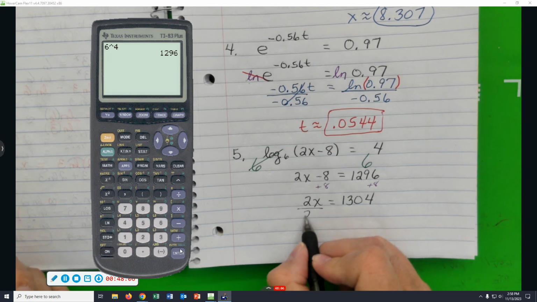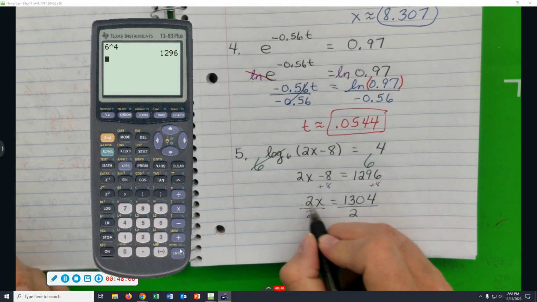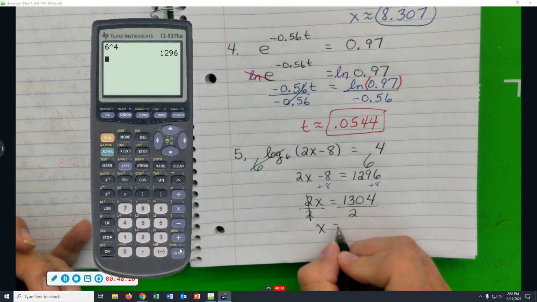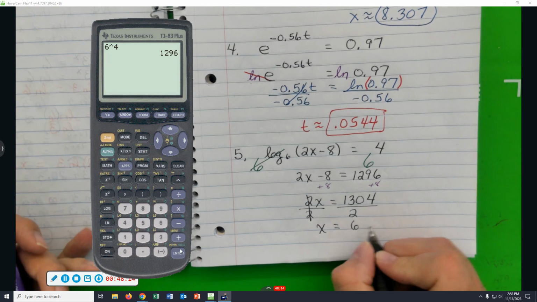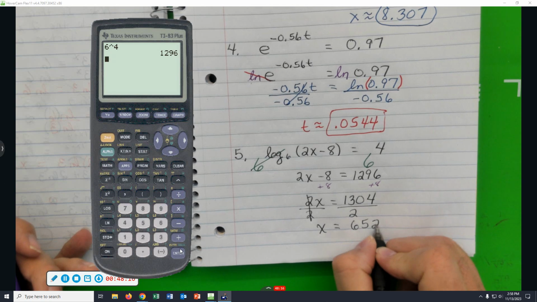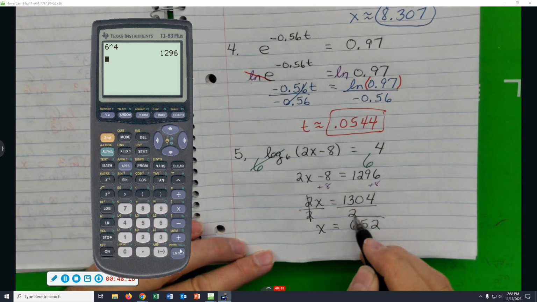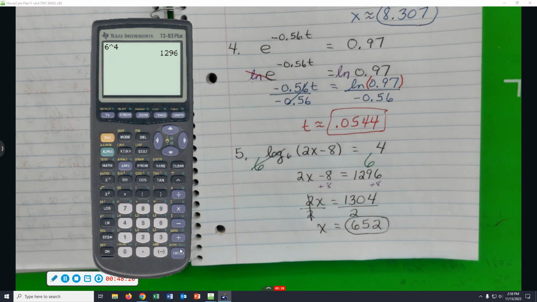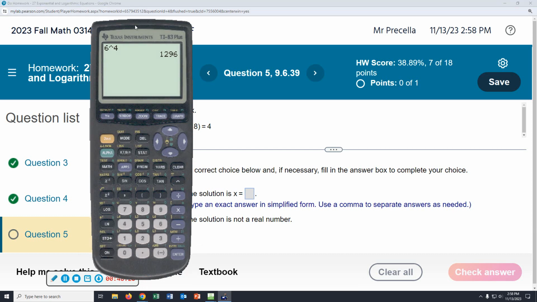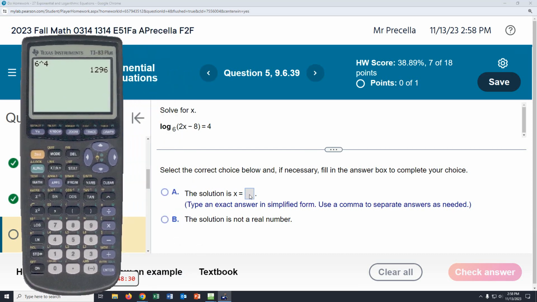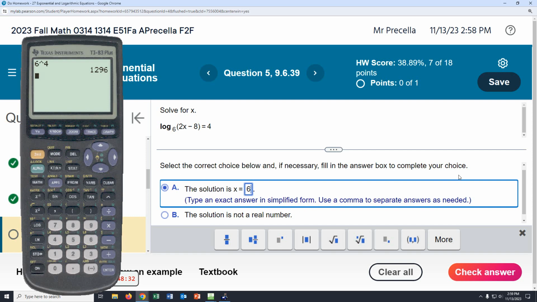Divide by 2. And say it again, what's it going to get? 652. So x is 652.